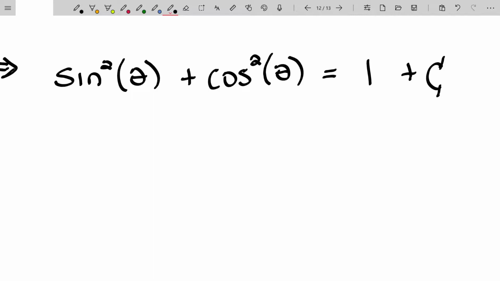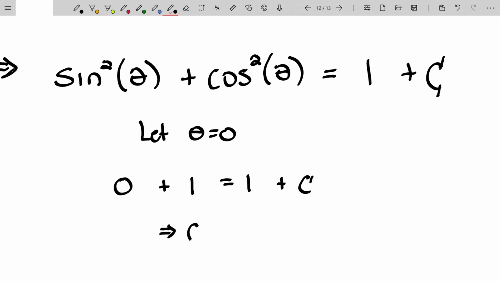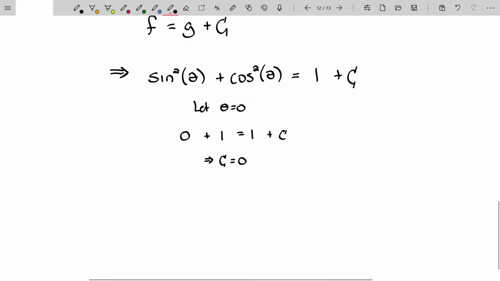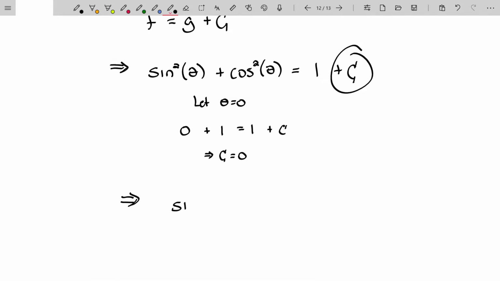If their derivatives are the same, then these functions just differ by a constant. If you want to find that constant, let theta be any number you want. Specifically 0 is very nice. So if you do that, you'll get 0 plus 1 is equal to 1 plus c, or in other words, c is equal to 0. So therefore, this proves that sine squared of theta plus cosine squared of theta is equal to 1.